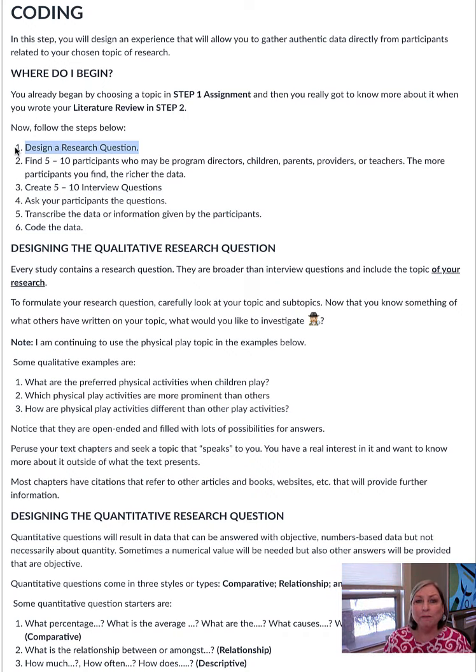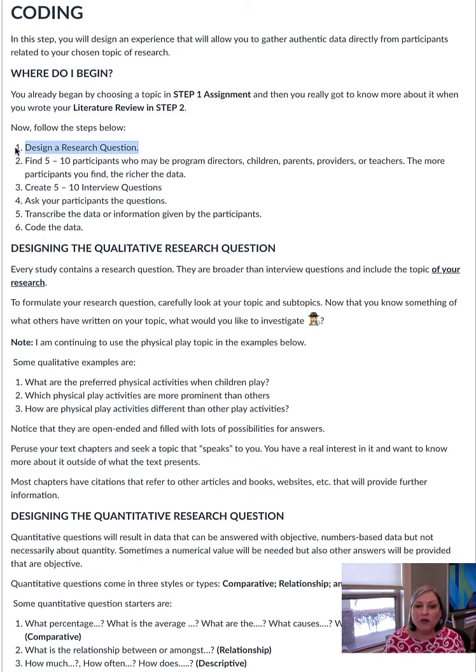Every interview question must answer something that goes back to the research question. They have to be what I call bidirectional. The research question tells us what we're looking for. The interview questions tell us what we found.